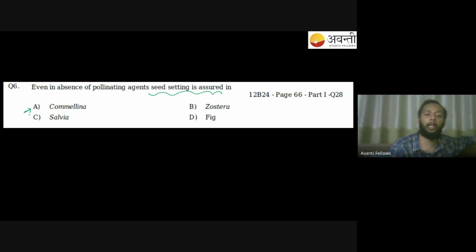Commelina मैंने आपको पहले ही बोला था. It's an example of cleistogamous flower. So seed setting अगर आपकी assured यहाँ पे, that is the example of cleistogamy. That is my Commelina. Okay. याद रखना, Commelina is example.